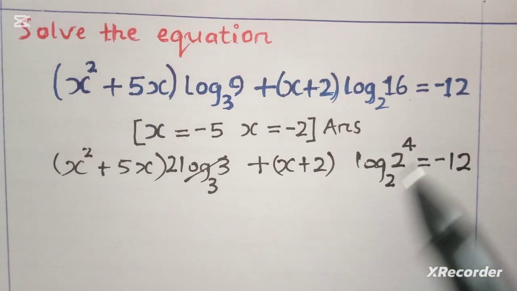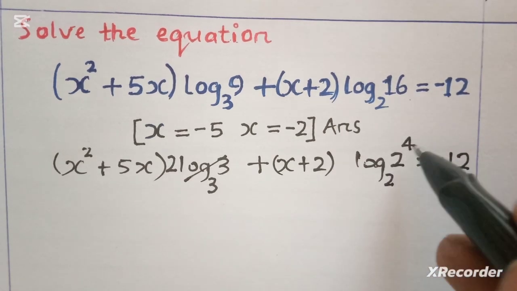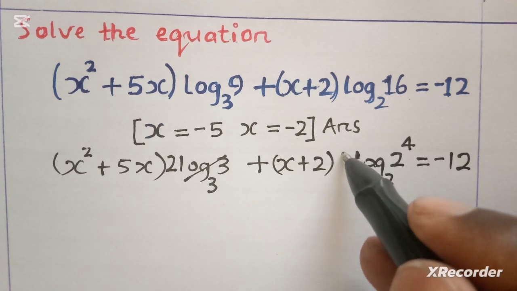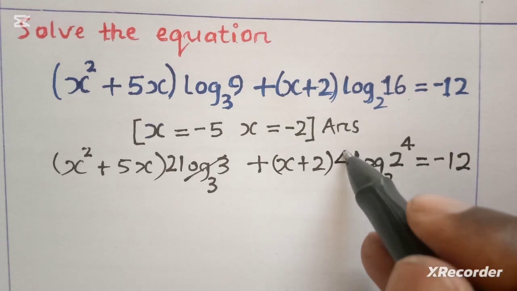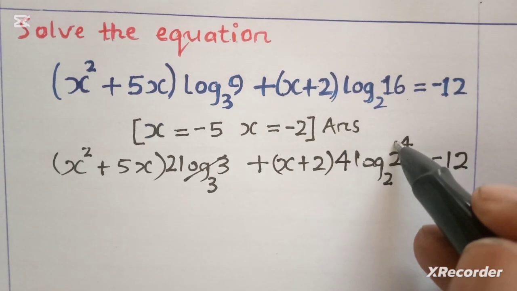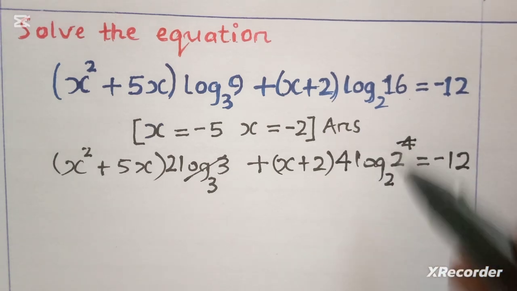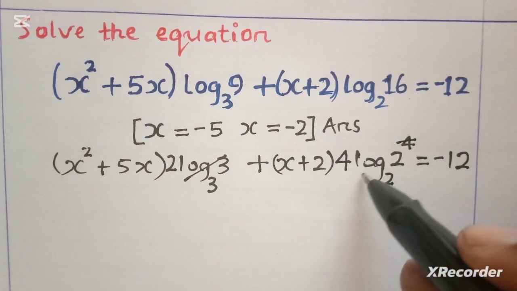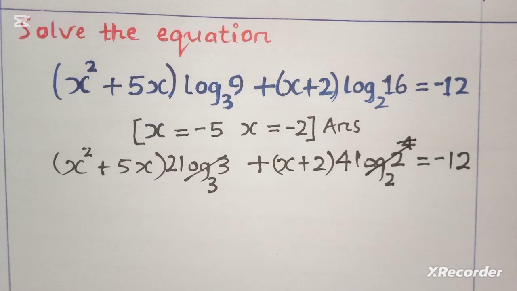So guys, as we continue now, I'll take my 4 from this point and I can put it here. I can put now this 4 here and I cancel it from here. So that now guys, even this log 2 to base 2 will also cancel like that.